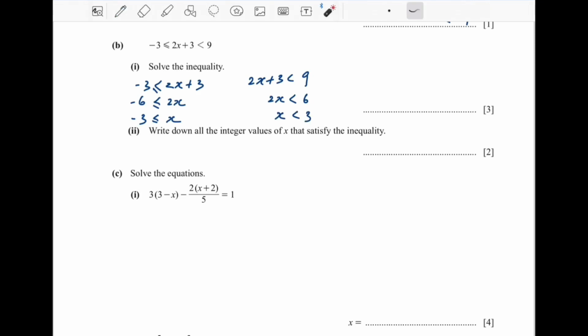Alright, from here you can combine these 2 inequalities. That's the final answer. Write down all the integers fulfilling this, including -3, -2, -1, 0 as well, integer, 1 and also 2 but not 3.